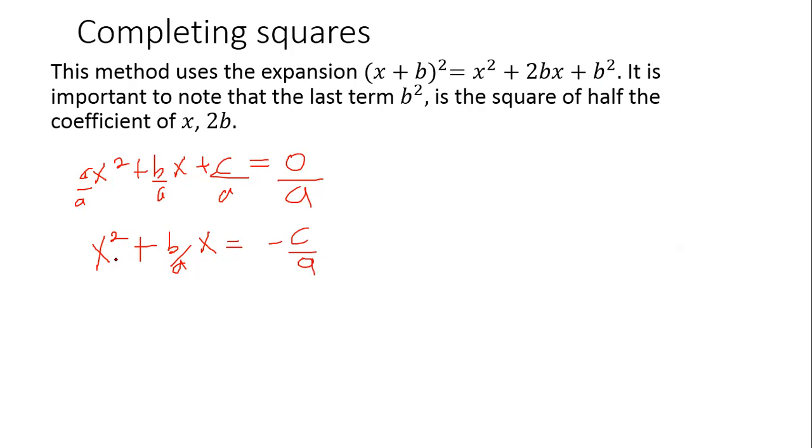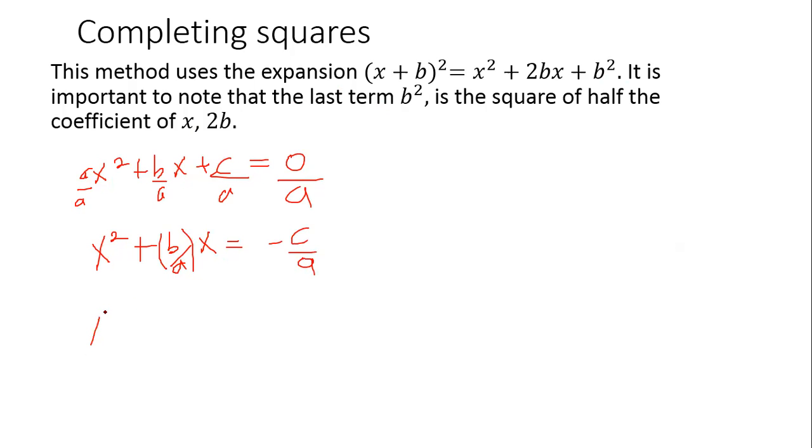Now we are going to introduce this term squared, because it is important to note that the last term is the square of half the coefficient of x. So we are going to add the square of half the coefficient of x to both sides.